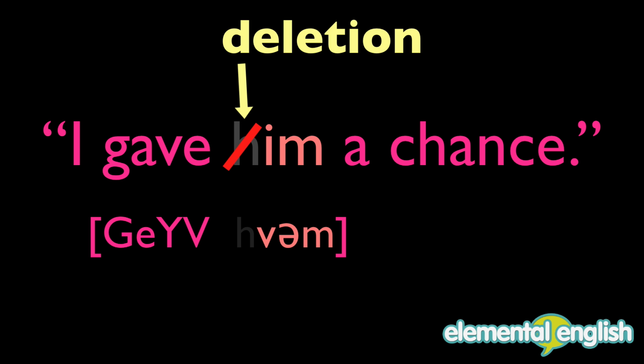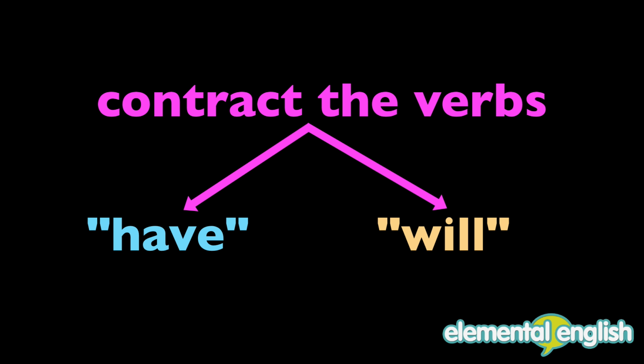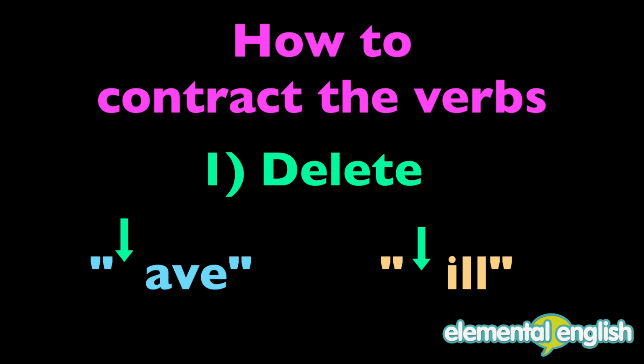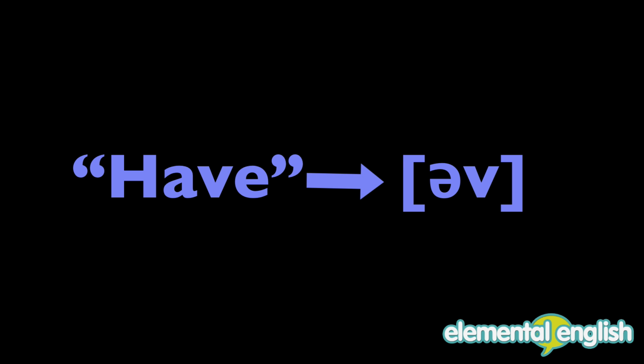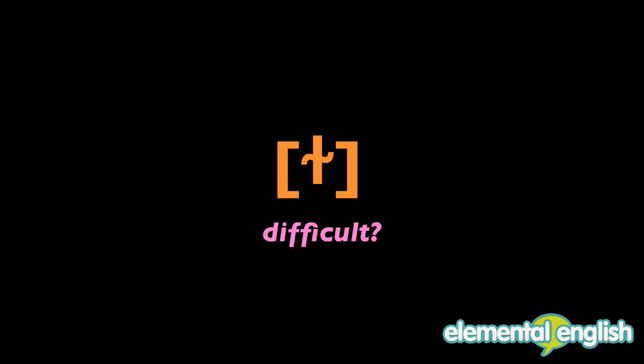This same deletion occurs when we contract the verbs have and will. To contract these verbs, simply delete the first consonant sound and connect them to the verbs before them. So have becomes 'ove, and will becomes 'ul. 'Ul is a difficult sound to produce.